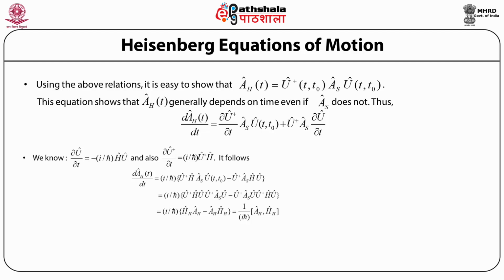So now coming back to the equation, if we look at the final result, we have i by h-bar times, within brackets, Hamiltonian operator H_H, A operator A_H, minus A operator A_H, Hamiltonian operator H_H, where we have used the definition for the Hamiltonian operator in the Heisenberg formalism to define the Hamiltonian operator H_H, and we have used the definition of the operator A in the Heisenberg picture as a relation with the operator A in the Schrödinger picture.